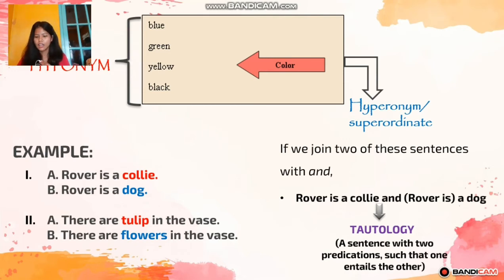We can join two of these sentences with and, for example, Rover is a collie and Rover is a dog. We can call the sentences a tautology. Tautology is a sentence with two predications such that one entails the other.